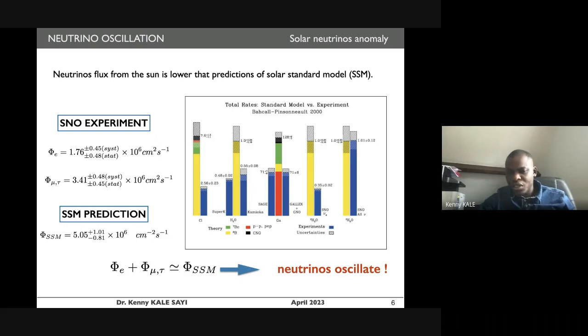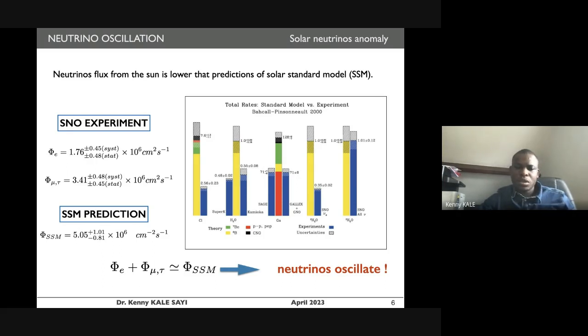This means that the number of neutrinos counted by the experiments is always below the expectation from the theory. So these 4 experiments were unable to find the same number of neutrinos as the one predicted by the theory.